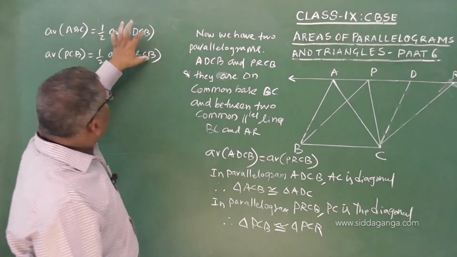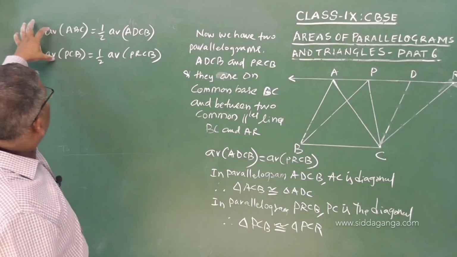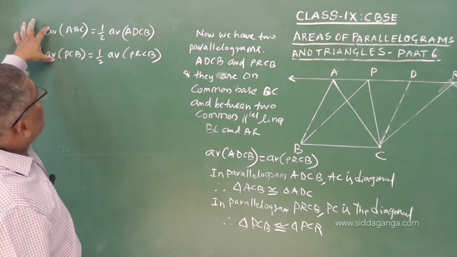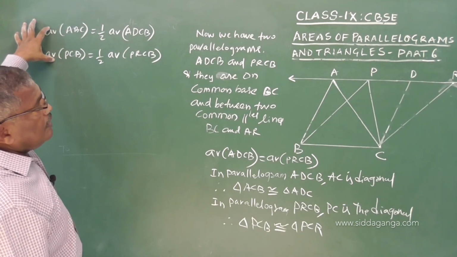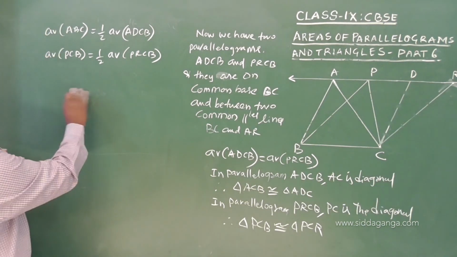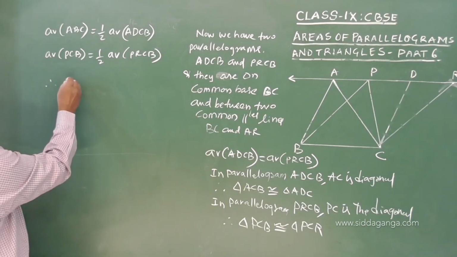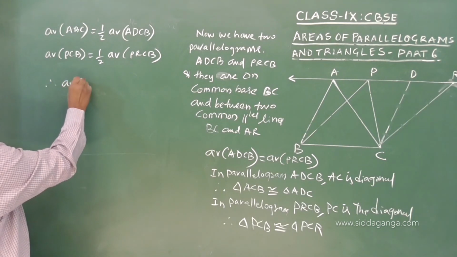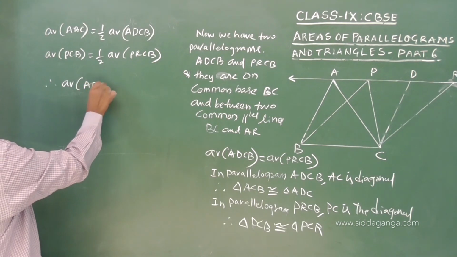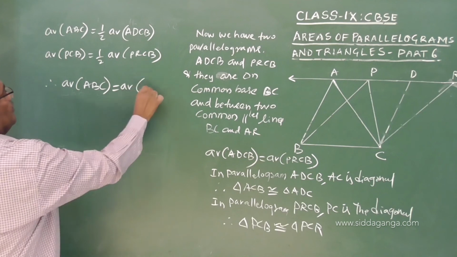So the right hand sides are the same here. Therefore, these two are equal. So, area ABC will be equal to area PCB.